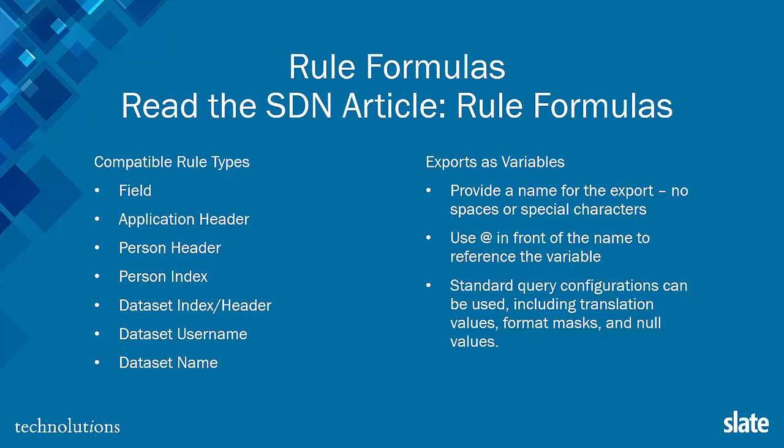The application header is like if you didn't want to have a round short as an application tab, that would be a rule that would overwrite that and put in a custom header. A person header affects the search bar; the person header is the values that you would see that pop up underneath the search bar.